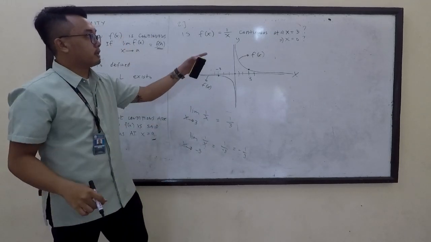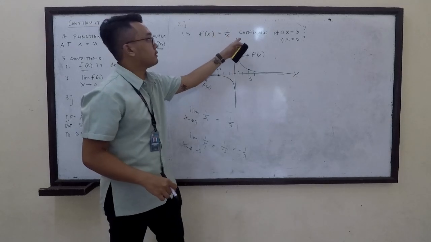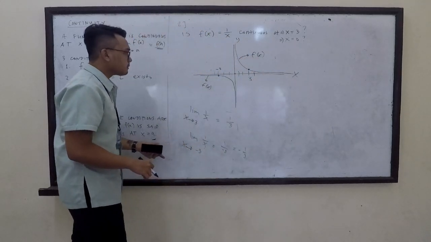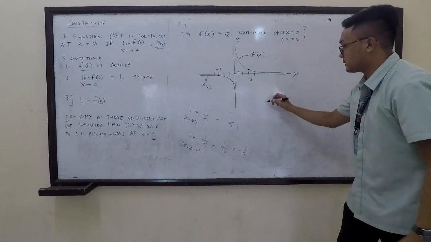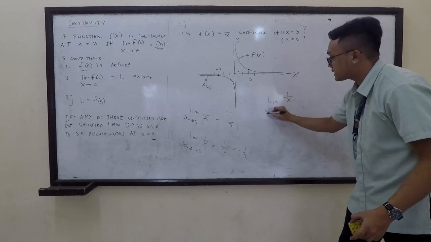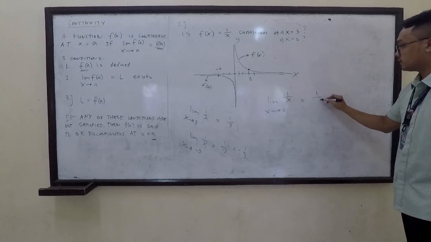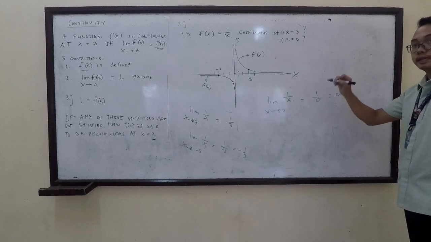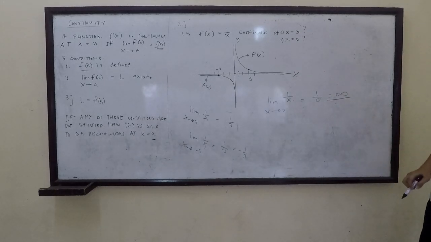Okay, for the next value: is 1 over x continuous at x equals 0? Go ahead, check. To do that, first use limits. The limit of 1 over x as x approaches 0 is equal to 1 over 0, which is infinity.